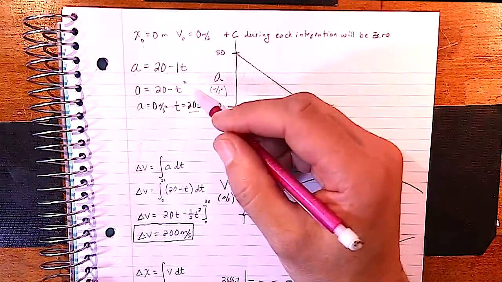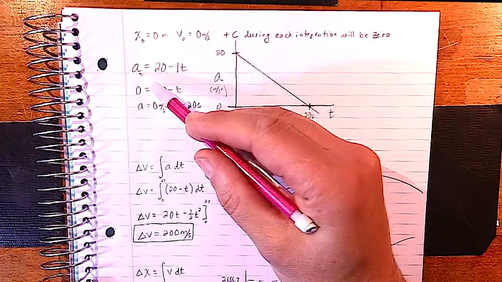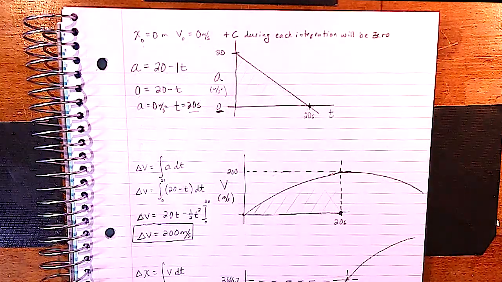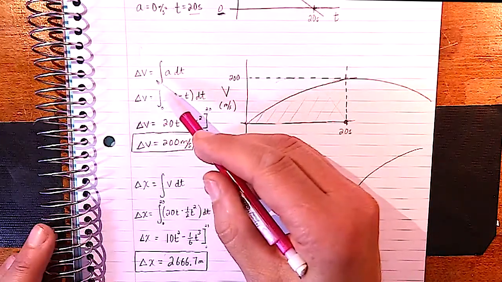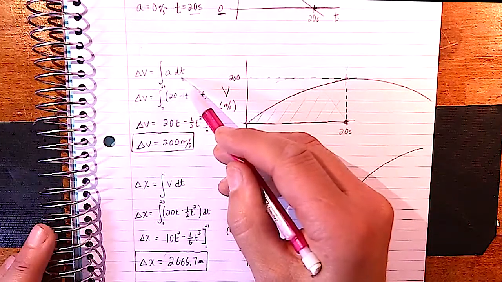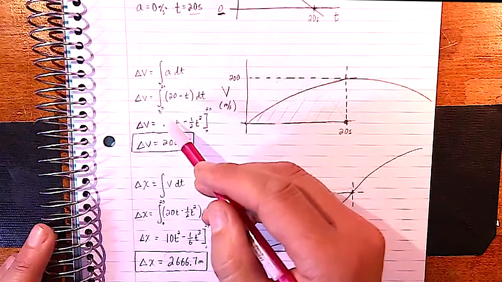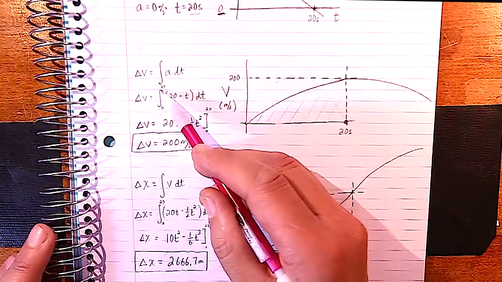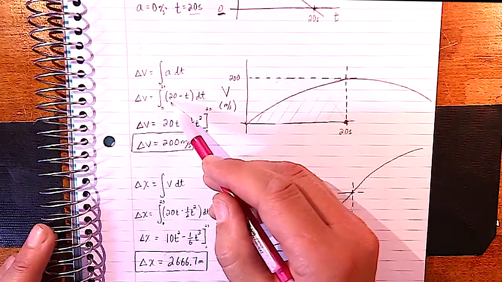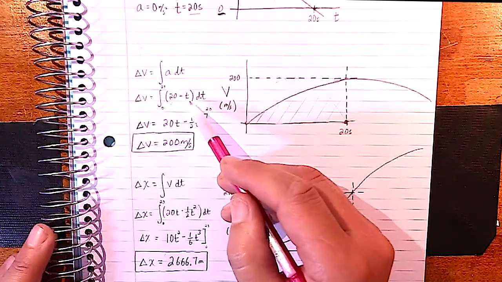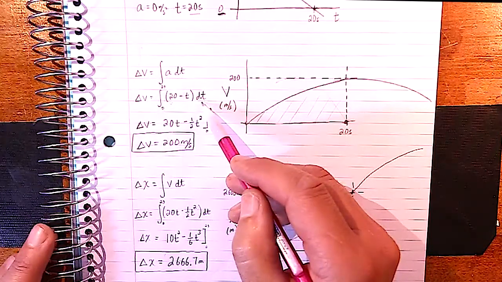So, how can we figure out what the velocity is going to look like? Well, we know that the integral of acceleration tells us about the velocity. So, we have our change in velocity is the integral of acceleration with respect to time. And we're going to do this for 0 to 20 seconds. And we're going to put in our equation for acceleration, 20 minus t with respect to time.